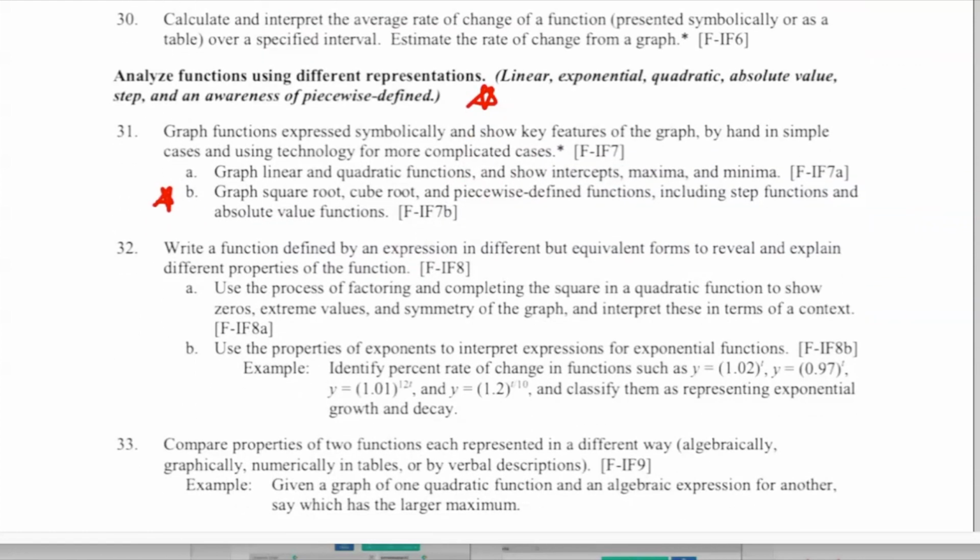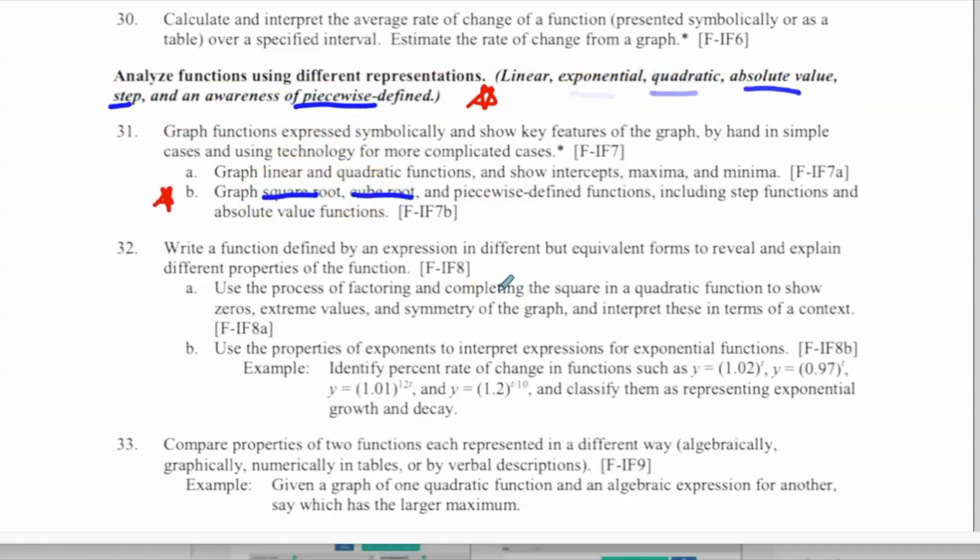Now, another thing with the previous course of study that did cause some confusion was you would see a standard here that would have like graph square root, cube root, piecewise, but then you look up here in italics is where you really had to look to find out you were just doing linear, exponential, quadratic, absolute value, step, and awareness of piecewise defined. So that did not include square root or cube root.